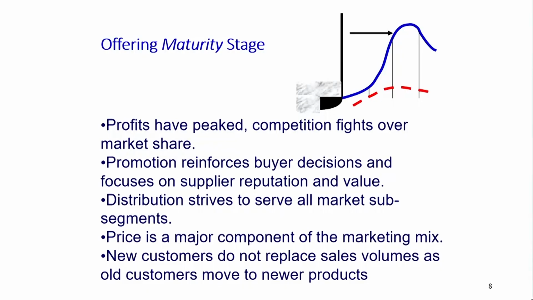So, at this stage also there will be some lateral expansions, some introduction of the existing products in possible new market segments. So, there will be some variants which will be developed.